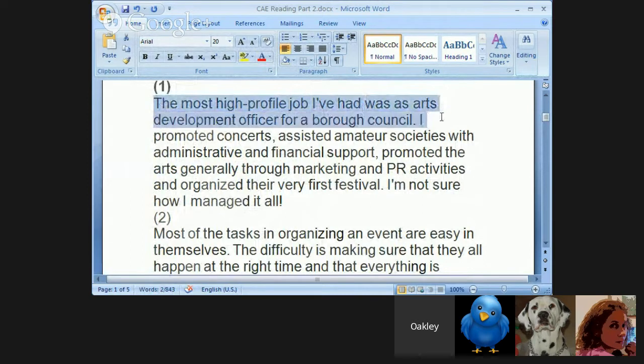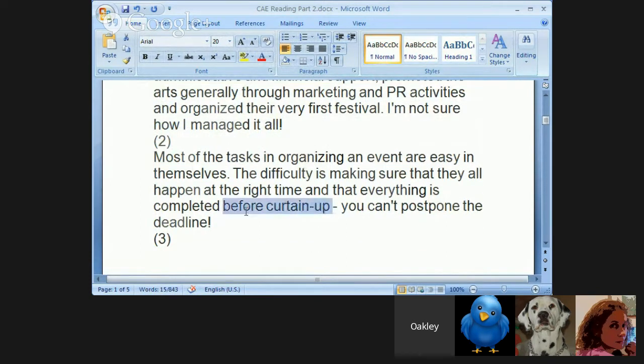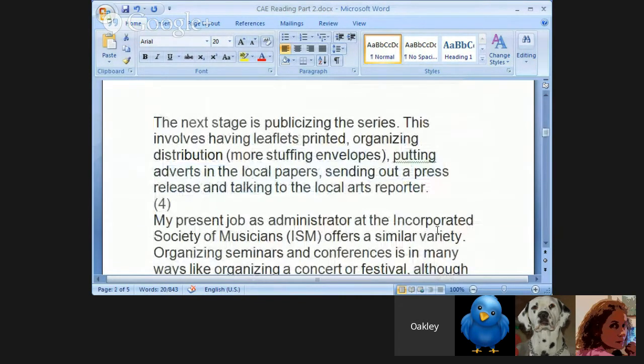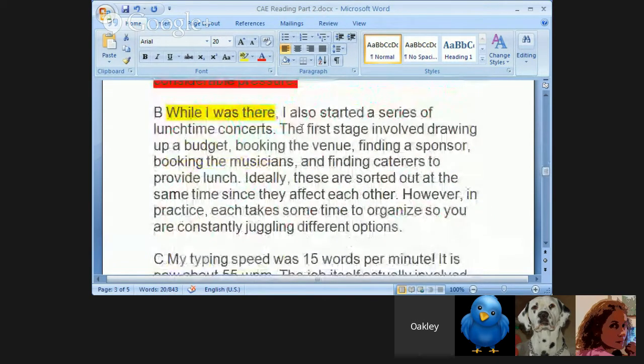I also started a series of concerts, and then maybe the third. The difficulty is making sure they all happen at the right time, that everything is completed before curtain up, which has something to do with concerts, festivals. Maybe it's 2, but 3.